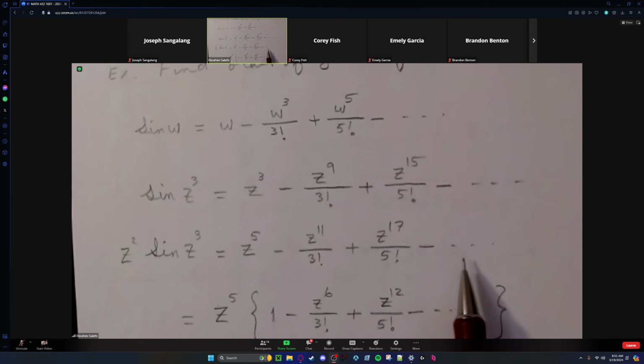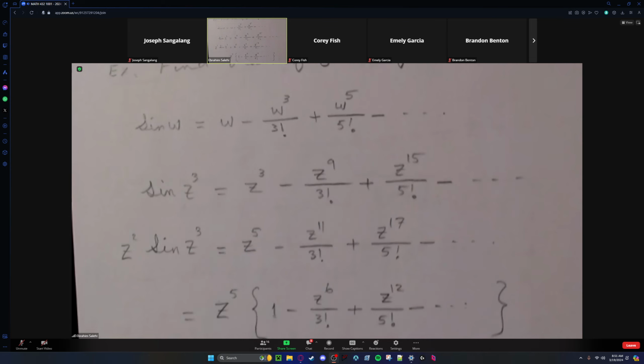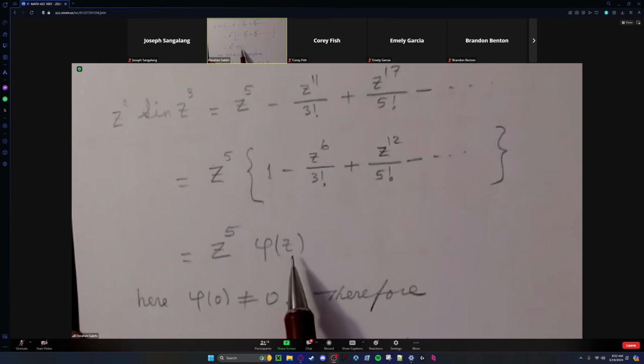Okay, you get this one. Now, if you factor z to the fifth, in this curly bracket, this is no longer 0 at 0. It is 1 when you replace z by 0. So this is what we get.